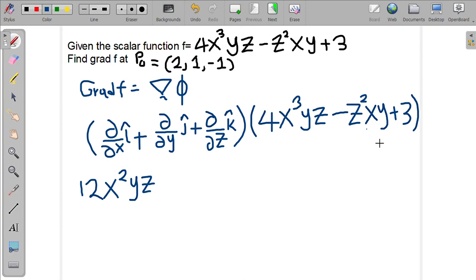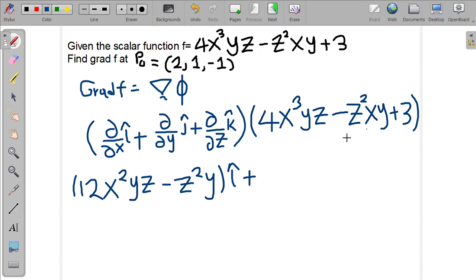So this one we have another x here, so it means minus z squared y, because the derivative of x here is going to be 1, multiplied by this. We should not forget to write our i here, because there was i, so we write plus this.